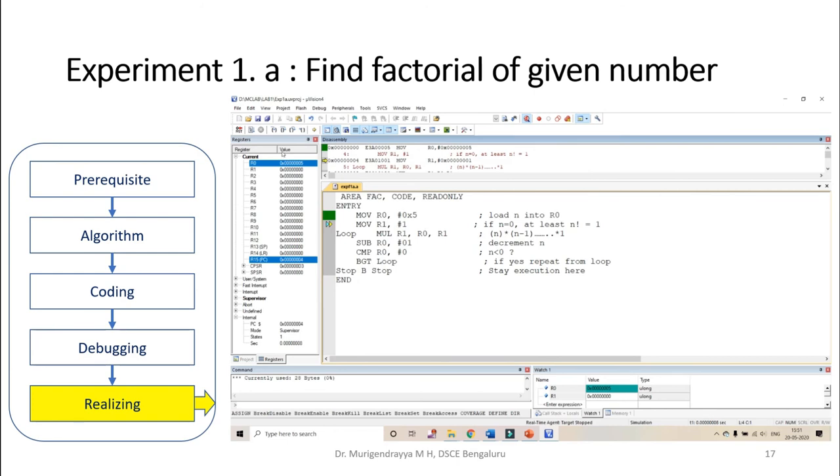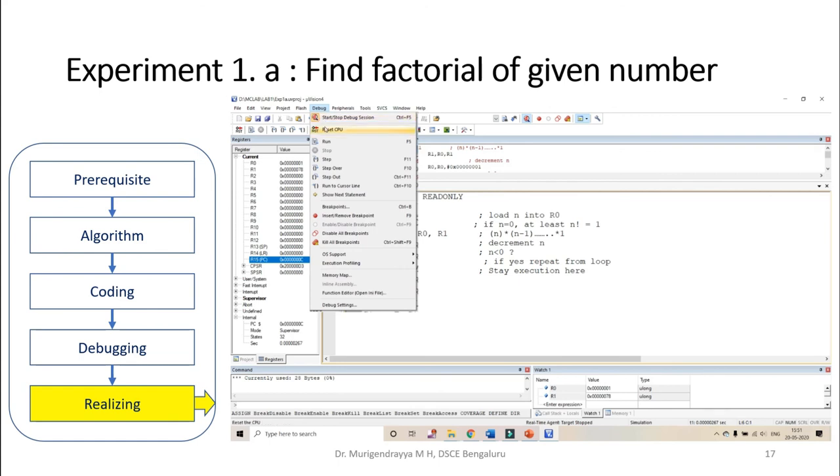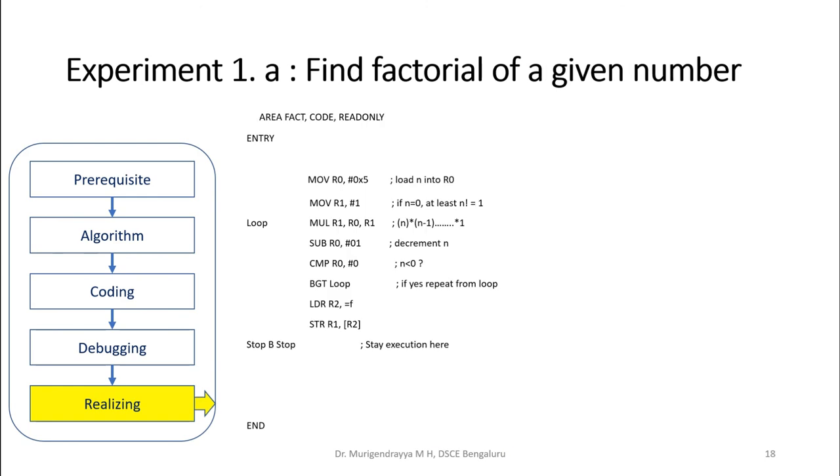After execution, the result will be 78, which is a hexadecimal value. The decimal equivalent of this value is 120, since we considered the n value as 5. In this program, the n value is part of the program.